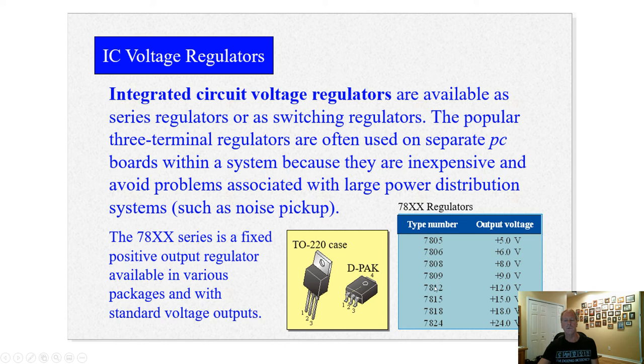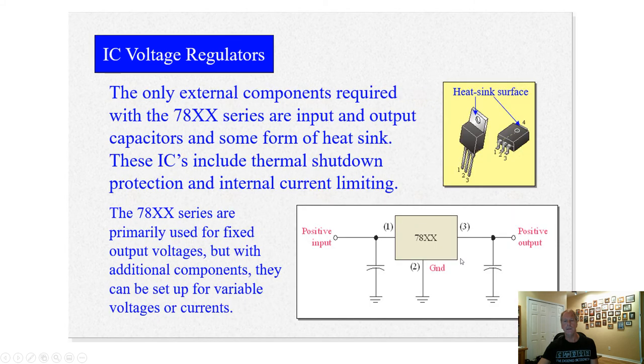Usually most of them are just 7812, 7805 I use. There are 7815s sometimes. So those are the linear regulators. These are not switching, these are linear series regulators. As I said, these are the heat sink surfaces.